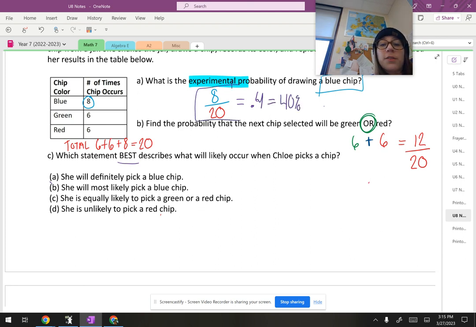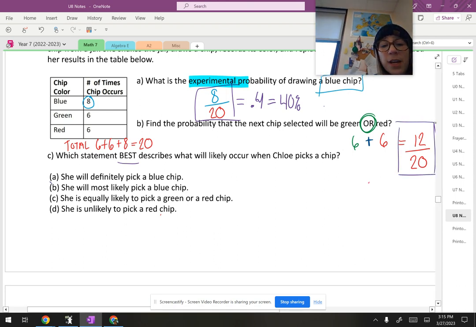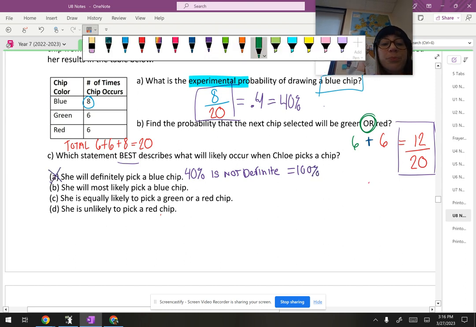But again, 8/20 is my answer there. So is it definitely 40%? 40% is not definite. What percent would it have to be? It would have to be equal to 100% for it to be definite.